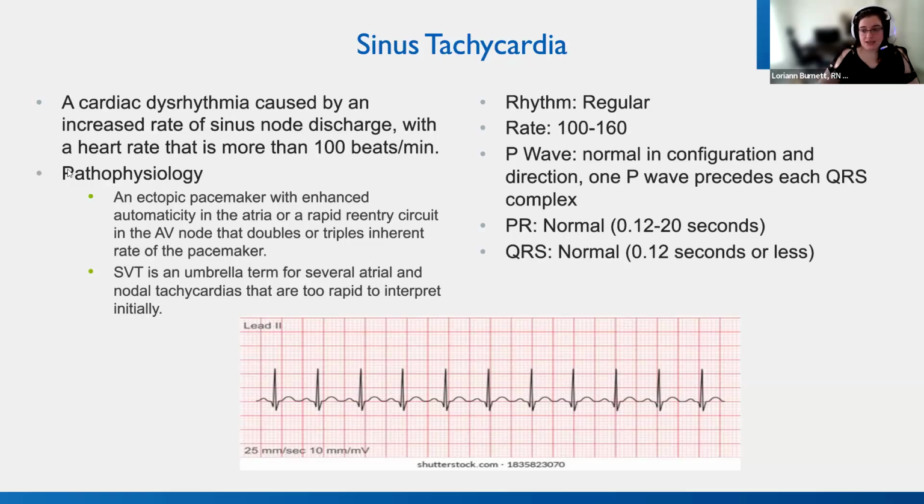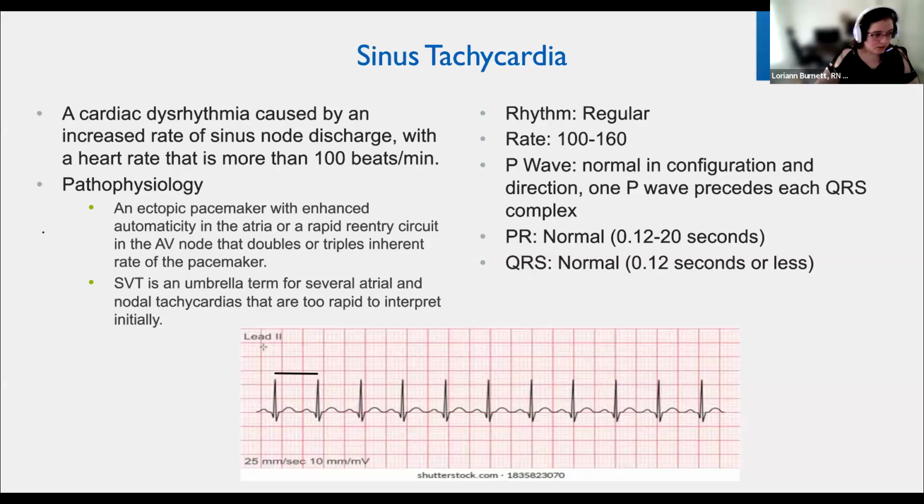Second question, is it a regular rhythm? I'm going to do that by calculating with my lovely line. It should be from one to the other one, and again, I can pick it up and move it. It should be the exact same distance from one to the other.